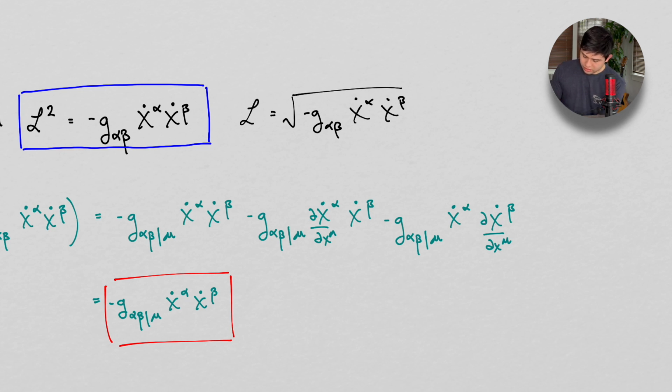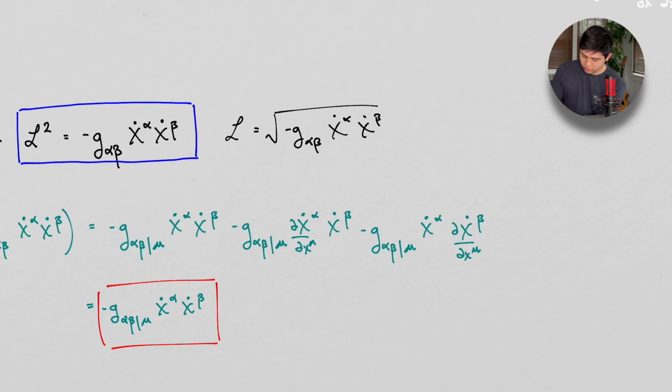And these two guys, the argument here is that these are going to go to 0. These guys are going to go to 0 because if we're talking about an inertial reference frame, these guys are constants, so any derivative of them with respect to this parameter is going to be 0.